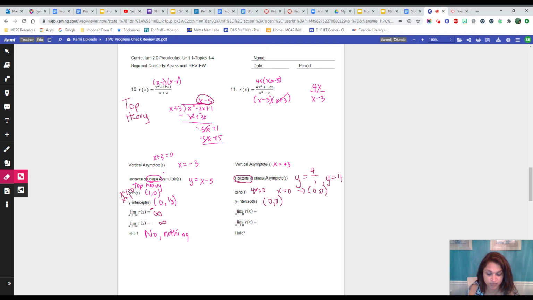I have 4x squared plus 12x in parentheses divided by parentheses again, x squared minus 9, parentheses, if I go to my graph.